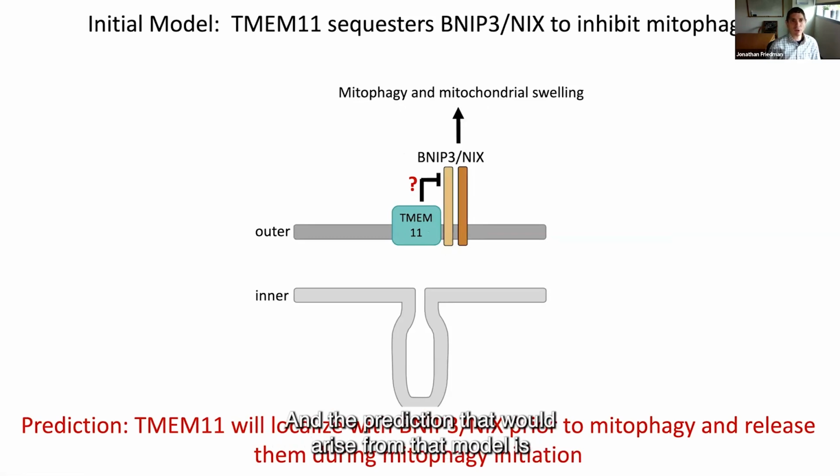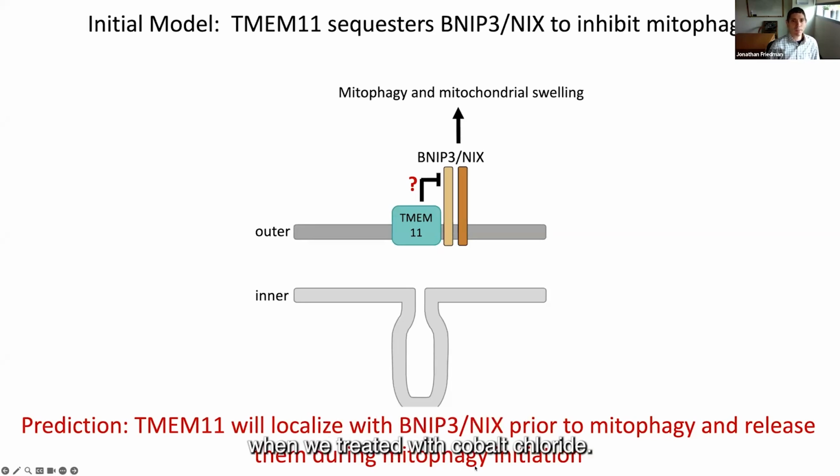And the prediction that would arise from that model is that TMEM11 would localize with BNIP3 and NIX before mitophagy induction, and then you'd have a release of BNIP3 and NIX when you initiated mitophagy, for example, when we treated with cobalt chloride.